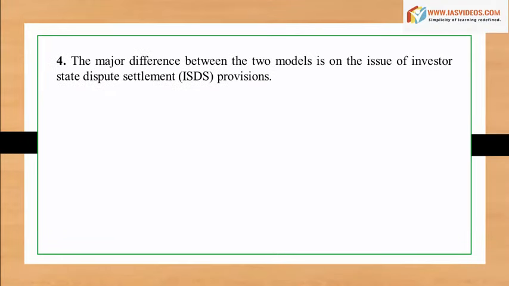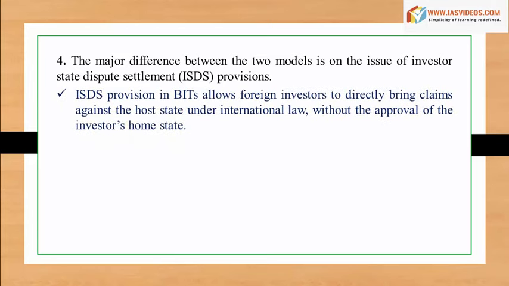4. The major difference between the two models is on the issue of Investor-State Dispute Settlement (ISDS) provisions. An ISDS provision in BITs allows foreign investors to directly bring claims against the host state under international law, without the approval of the investor's home state.